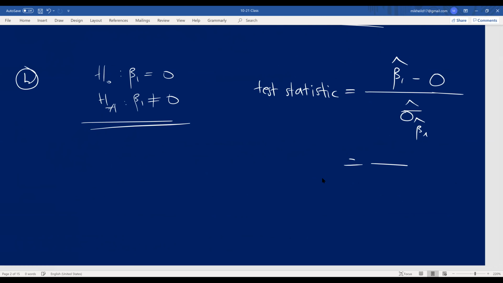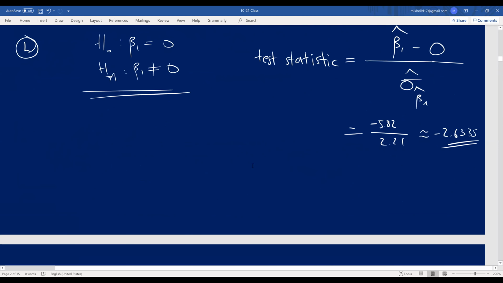That's minus 5.82 divided by 2.21, and that's approximately minus 2.6335. Okay, so this is the test statistic. So then what is the next step?